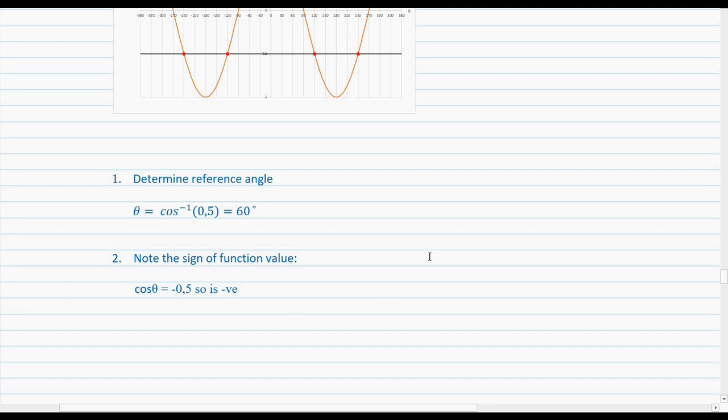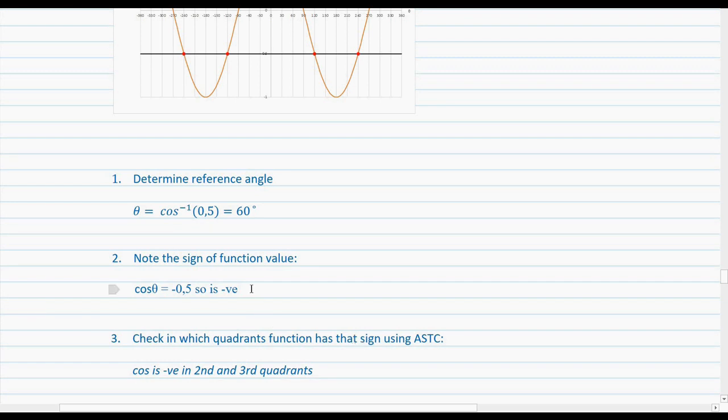Then for step 3, you check in which quadrants the function has the sign from step 2 using the abbreviation ASTC, which as a reminder stands for All Students Take Calculus, and represents which functions are positive in each of the 4 quadrants. So since we have a negative value this time, we have to see in which quadrants cos would be negative.